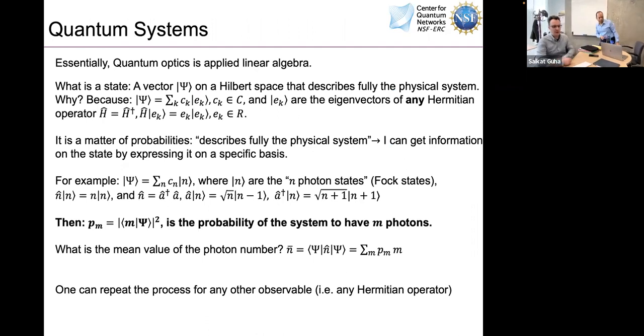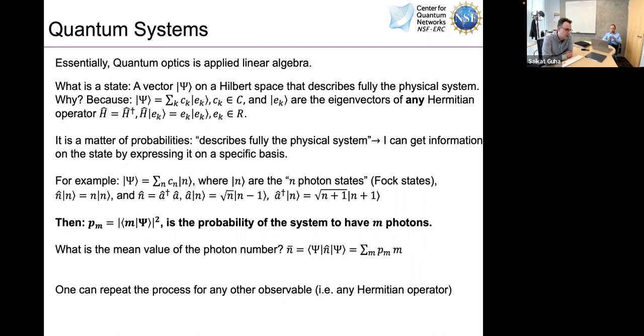Now, quantum optics, quantum mechanics essentially is applied linear algebra. And as far as I am concerned, this is the end of story. What is a state? A state in quantum mechanics is a vector which is defined on a Hilbert space and describes fully the physical system. That is a pure state. How and why?